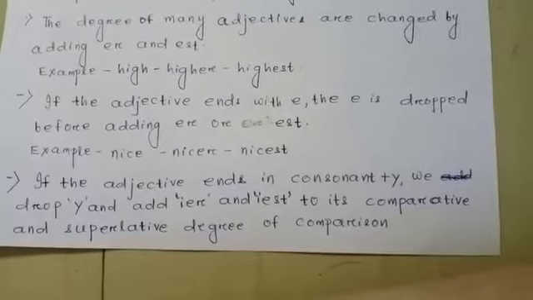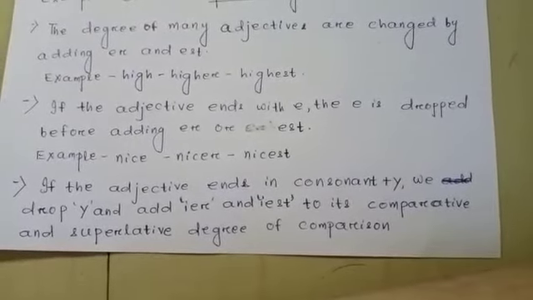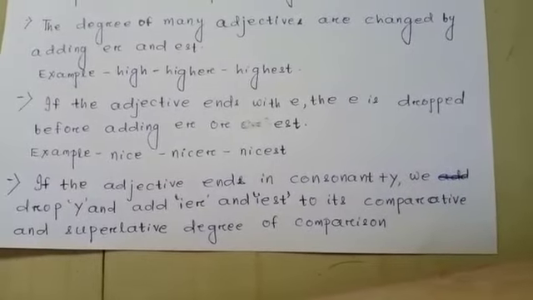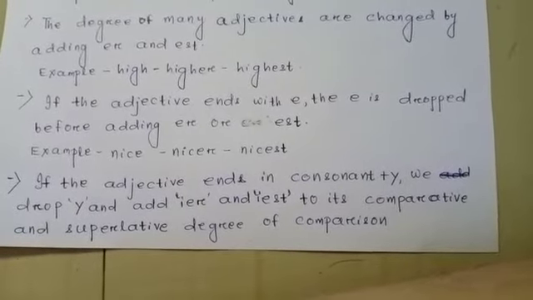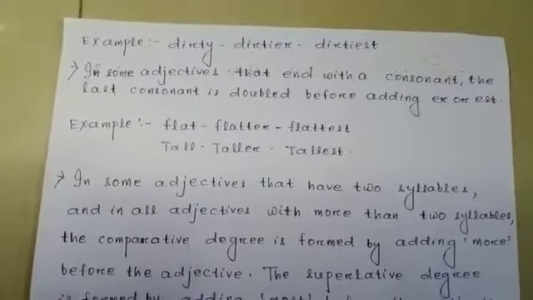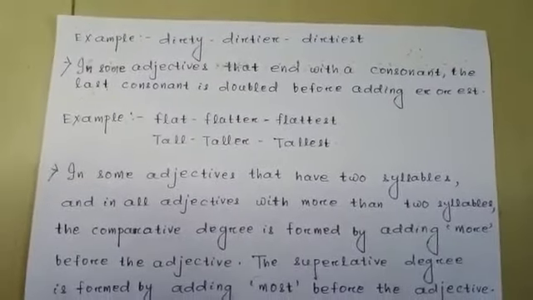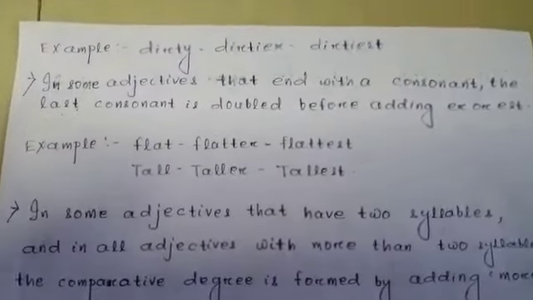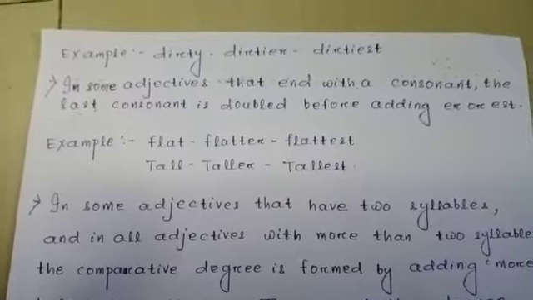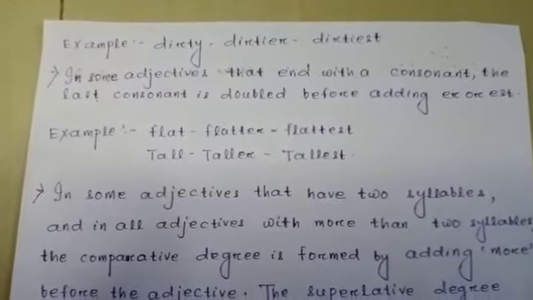The next one: if the adjective ends in a consonant plus y, we drop y and add ier and iest to its comparative and superlative degrees. It's an interesting point, so here I am giving you an example. For example, dirty. The adjective ends with y, and a consonant comes before the y.